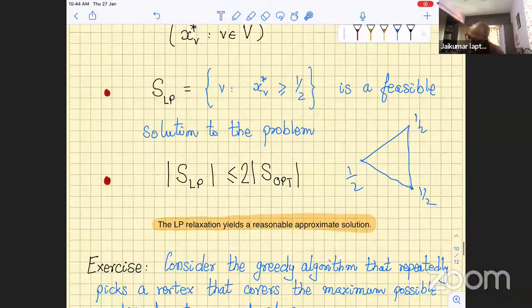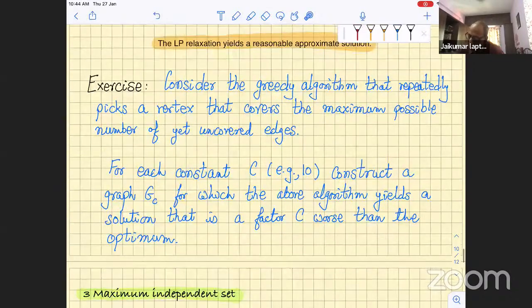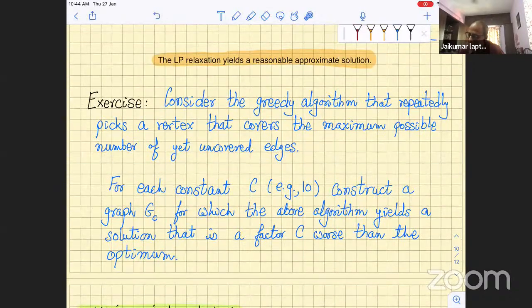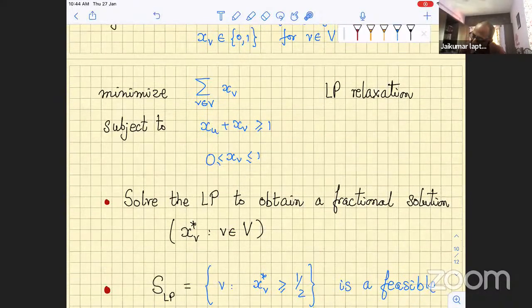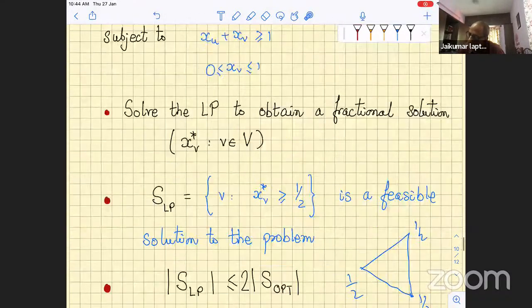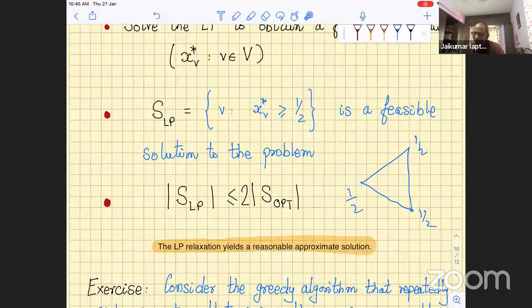I'll just leave you with two thoughts. One is we solved the unweighted case. What if there were weights associated with the vertices? Now, this was the observation just now. It turns out that when you solve this LP, all the variables will be either 0, half, or 1.